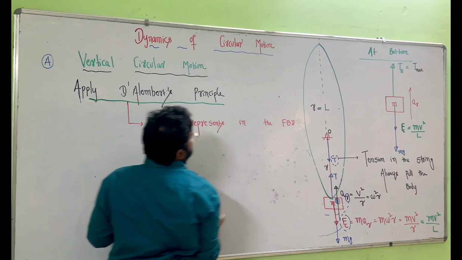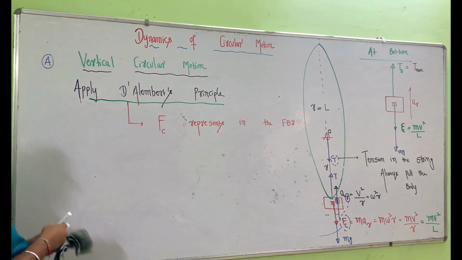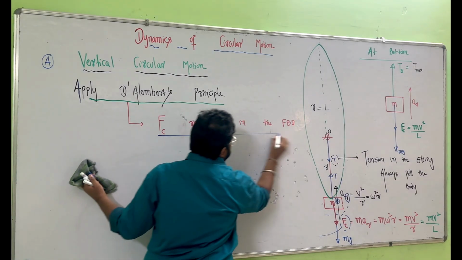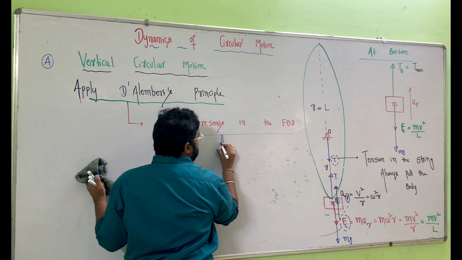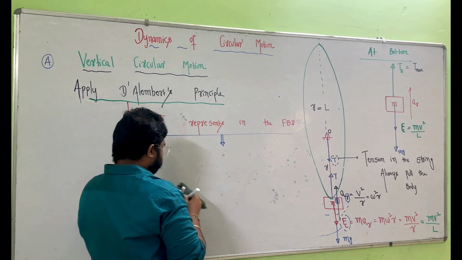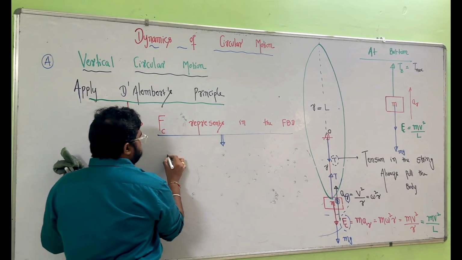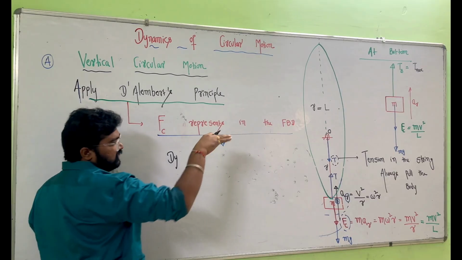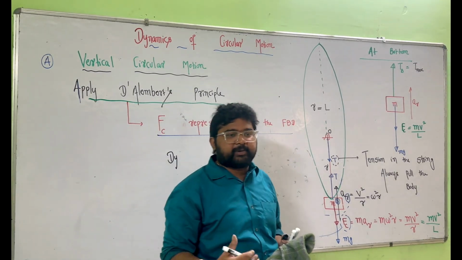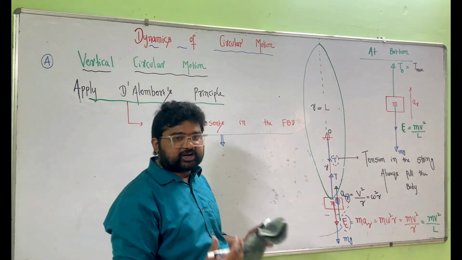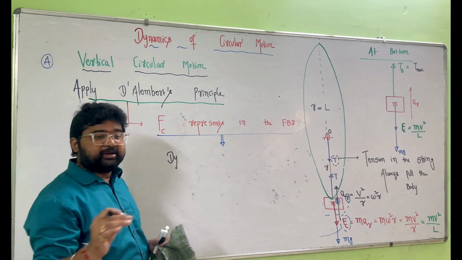Representing it in the free body diagram means the dynamic problem is converted into a static problem. Actually, is the given question a dynamic problem or a static problem? Vertical circular motion is what? A dynamic problem.